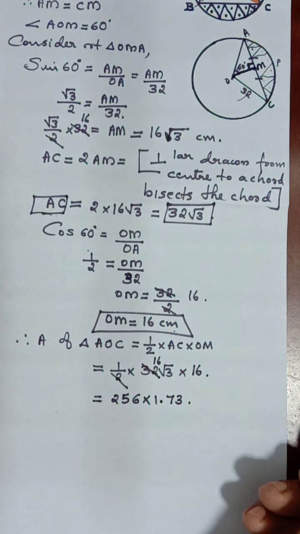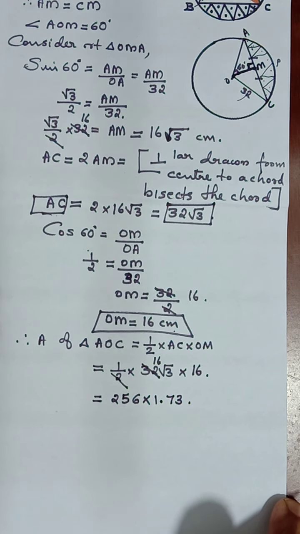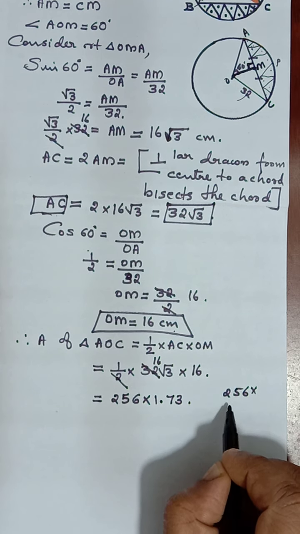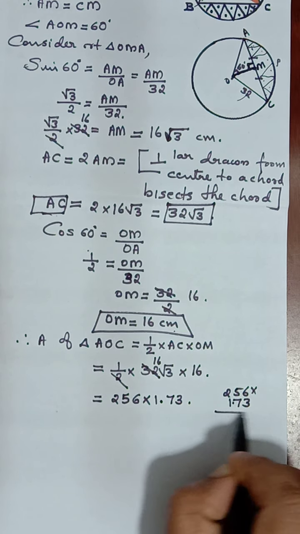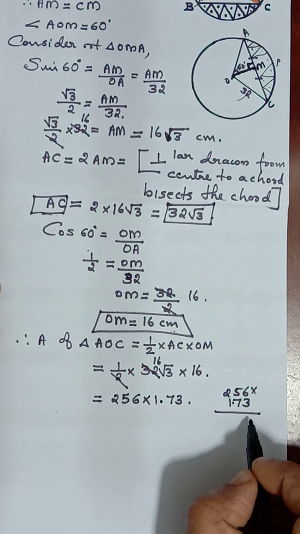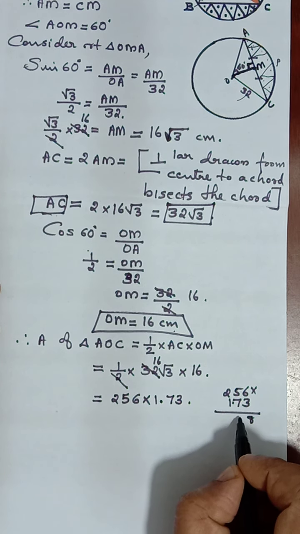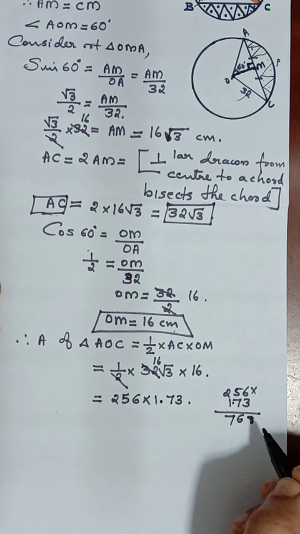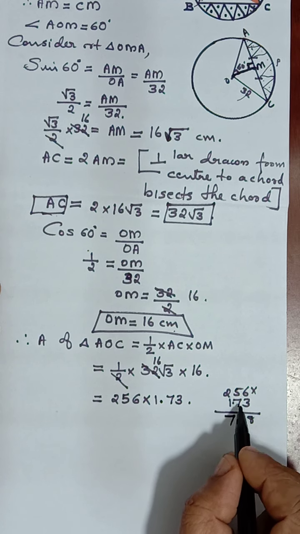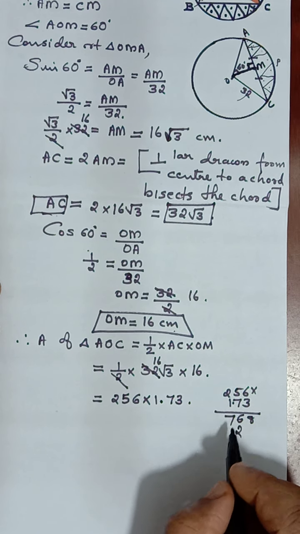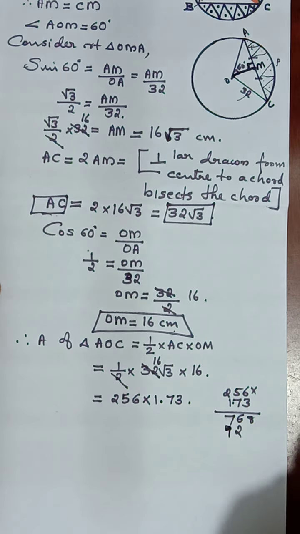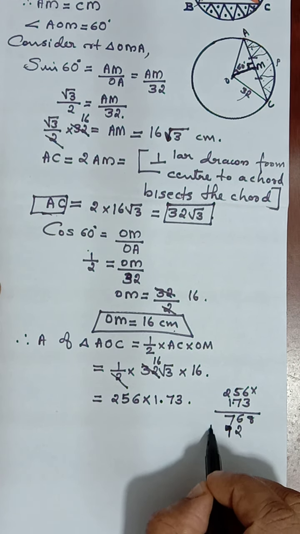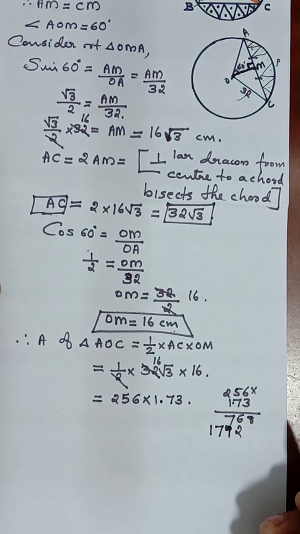So 256 into 1.73 we have to find out. Multiply quickly. 6 sevens are 42, 4 remainder, and 5 sevens are 35 plus 4, 39, 3 comes. 7 twos are 14 plus 3, 17. 1792.